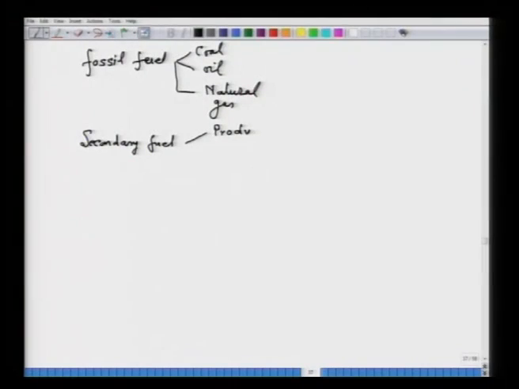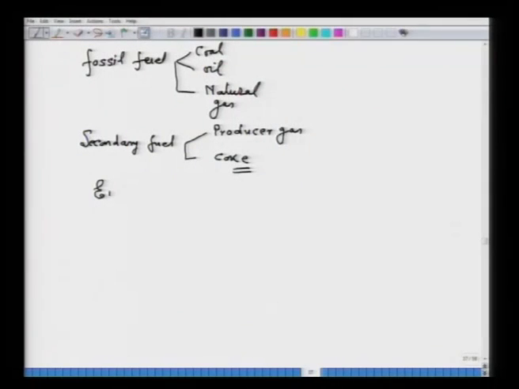One is the producer gas, and another is the coke. You know, coke is used for reduction smelting in blast furnace for production of iron. It is not a naturally occurring material. So, in all these fuels, whether fossil fuel or secondary fuel, the energy is obtained by combustion.